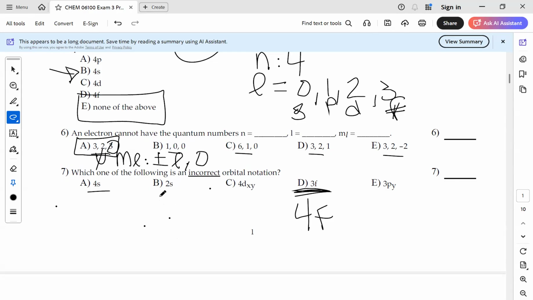We have an s orbital in 4, an s orbital in period 2. We would have d orbitals available in period 4, and we would have p, x, y, and z orbitals all available in period 3. So it looks like since we don't start f until period 4, d is the correct answer here. But again, I'll repeat, you will not see much, if anything at all, about f orbitals on the exam.